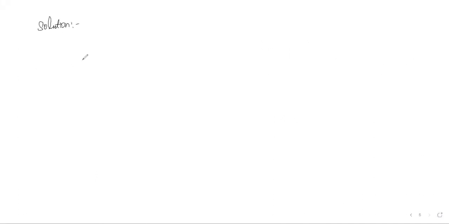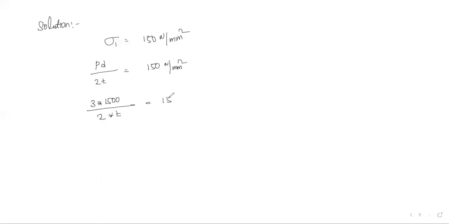So they have given the maximum principal stress, that is sigma 1 should not exceed 150 Newton per mm square. So by using that, we have to find out the thickness value. Okay, so we know the formula of sigma 1 is equal to PD divided by 2 into T, which is equal to 150 Newton per mm square. Here pressure value they have given us 3 Newton per mm square, and diameter 1500 mm, divided by 2 into T is equal to 150.